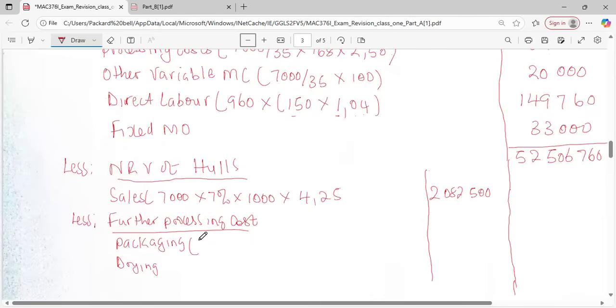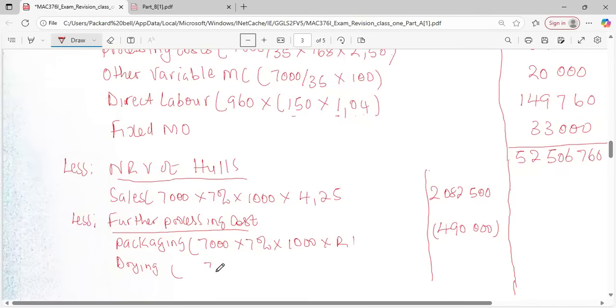Here we need how many kg. So it's going to be 7,000 times 7% times 1,000 times 1 rand. So this is going to be 490,000 packaging cost.